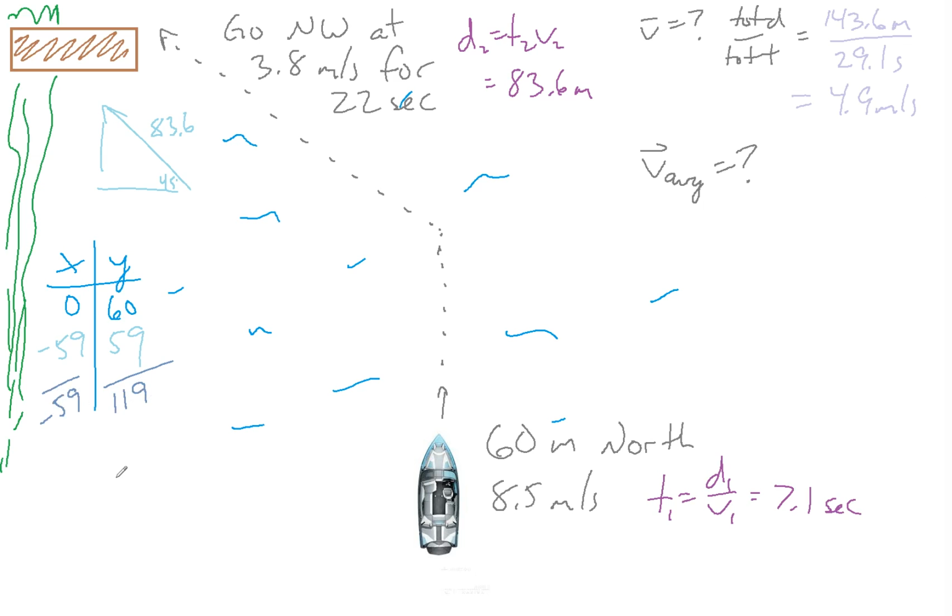All right, so now that I've got my total X and my total Y, I can make my new triangle. So I've got 59 going this way, and then 119 going up, and then I will go from beginning to end like this to get my overall resultant. So this is where your Pythagoras and your trig kick in again from when you did basic vector stuff, of course. And we can find out this is about 133 meters.